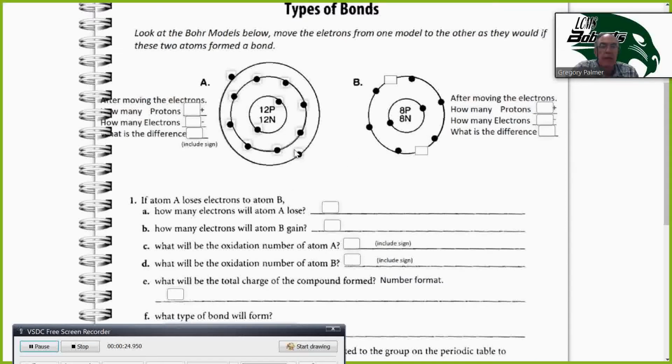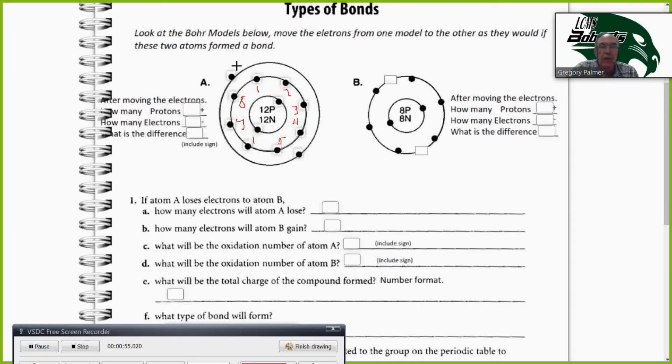So first we look at this first atom, and on this inner energy level are 1, 2 electrons. And then on this second energy level is 1, 2, 3, 4, 5, 6, 7, 8.